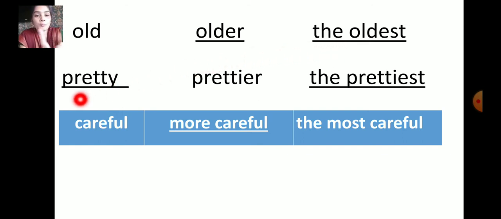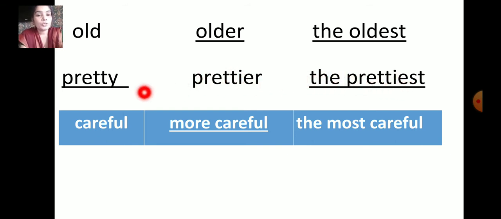So old is monosyllable. And pretty, this is disyllable. And for the disyllable, you just have to remove this Y and add IER and IEST. Remember that if the word ends with Y, you have to add IER and IEST.